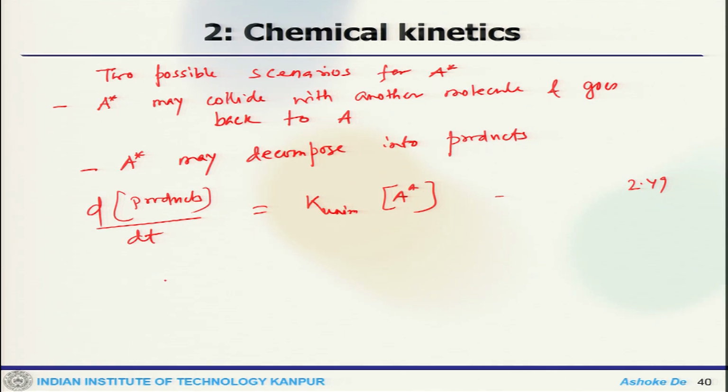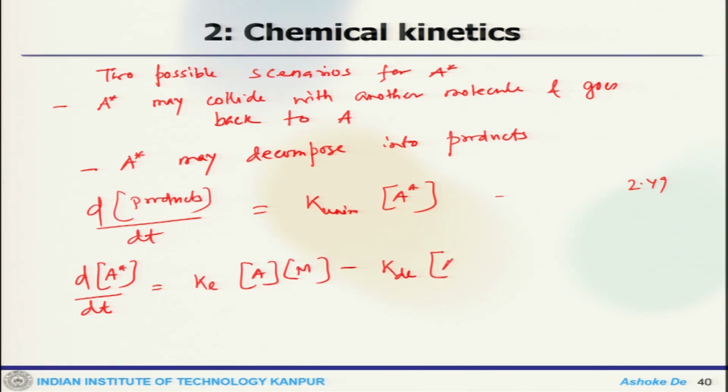Now, the net production of A star is d A star by dt, which is K E A m minus K d E A star m minus K unim. So, this is where you get your net production rate for A star.